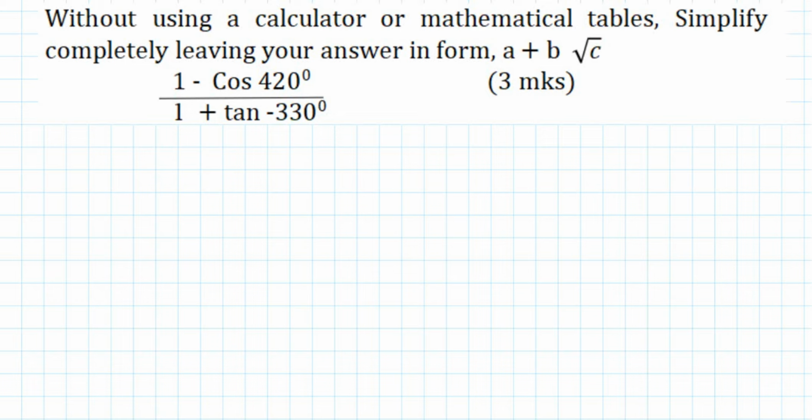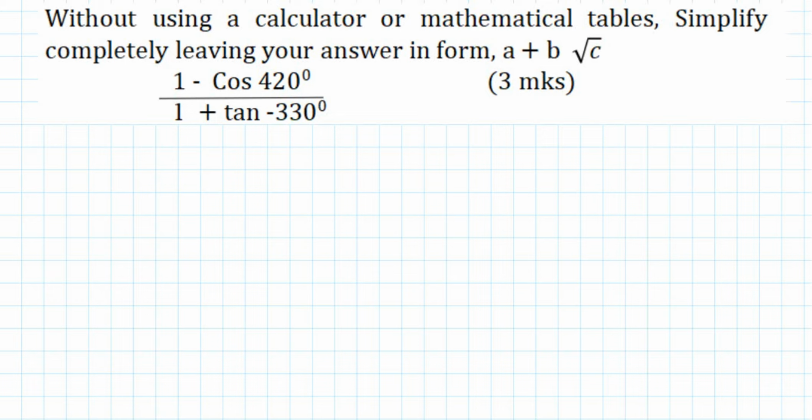Then we also look at negative 330 degrees. We ask ourselves, which acute angle does it carry? So we know negative 330 carries the acute angle 30 degrees. And negative 330 is in the first quadrant also, meaning that all its trigonometric ratios are also going to be positive.